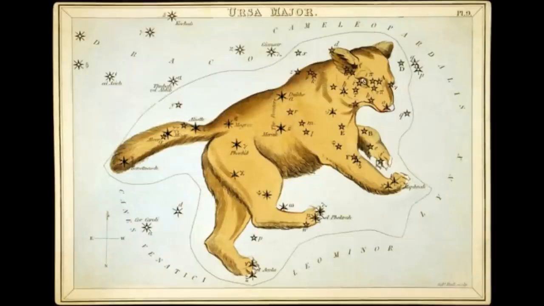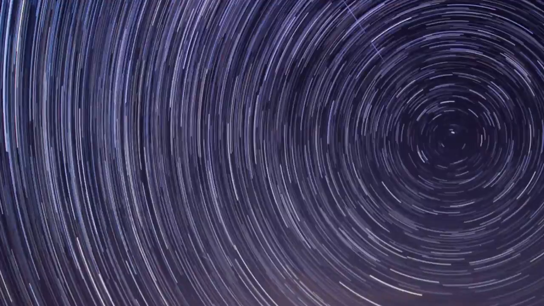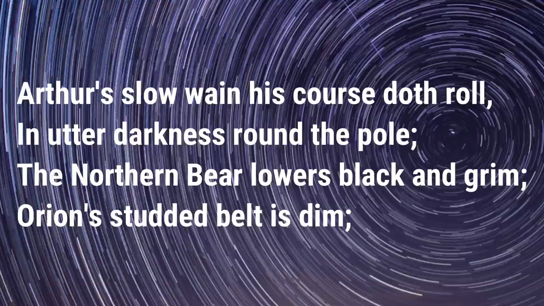By Sir Walter Scott's day, King Arthur had become firmly associated with the Pole Star, or Polaris. In his 1805 work, Lay of the Last Minstrel, he states, "Arthur's slow wane his course doth roll, in utter darkness round the pole.